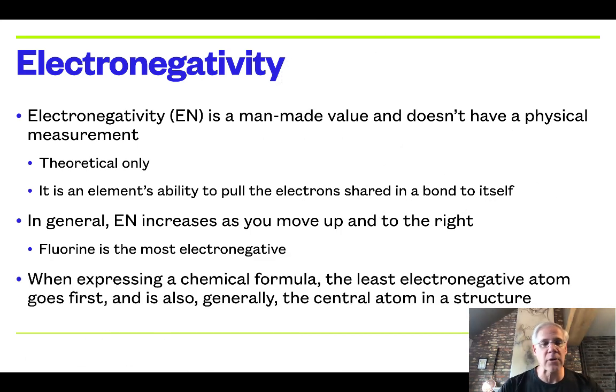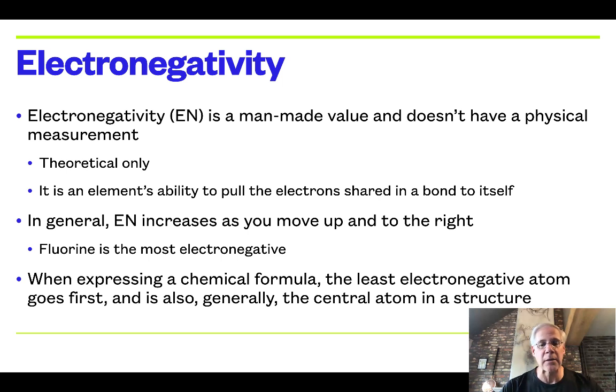So what do we do with electronegativity? Well, in addition to being able to figure out what type of bond we're dealing with, it also helps us establish kind of a standard with how we write chemical formulas, or figure out how certain molecules are structured. So generally, when we're writing a chemical formula, the least electronegative atom goes first.